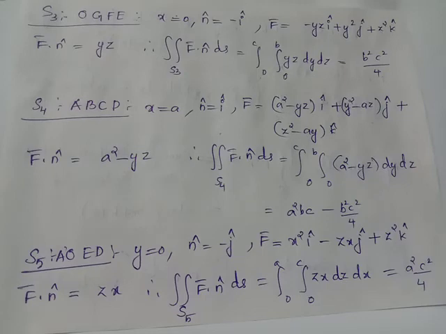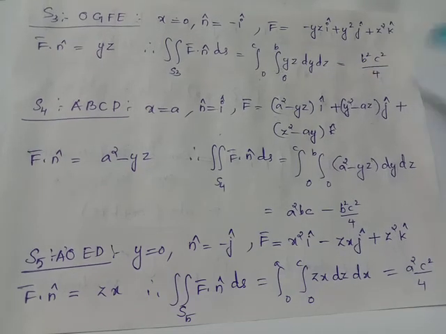Similarly, for the surface S3, which has the equation x equals 0, the vector field changes to f bar equals minus yz i plus y square j plus z square k. Now we will take the dot product between f bar and n cap, where n cap equals minus i for the surface S3. We obtain the dot product as f bar dot n cap equals yz. Therefore, the surface integral along S3 will be integral 0 to c integral 0 to b yz dy dz, which gives us the answer.